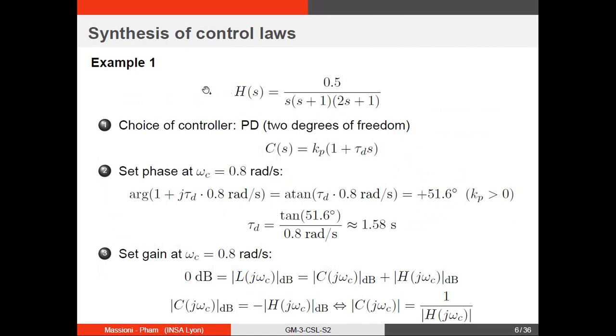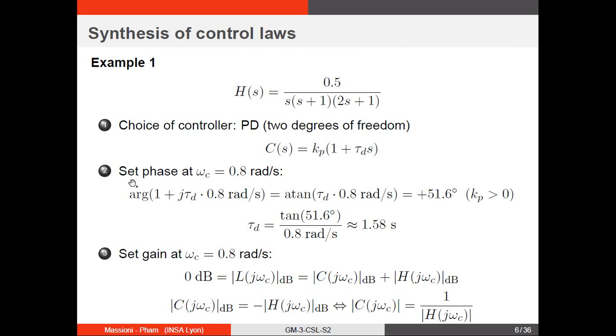Remember, the phase of L is the sum of this plus the phase of C. So if the phase of H at the crossover frequency is minus 186, then we need an extra term to bring it to minus 135, and this extra term must be 51.6 degrees, which is the difference between minus 186 and minus 135.